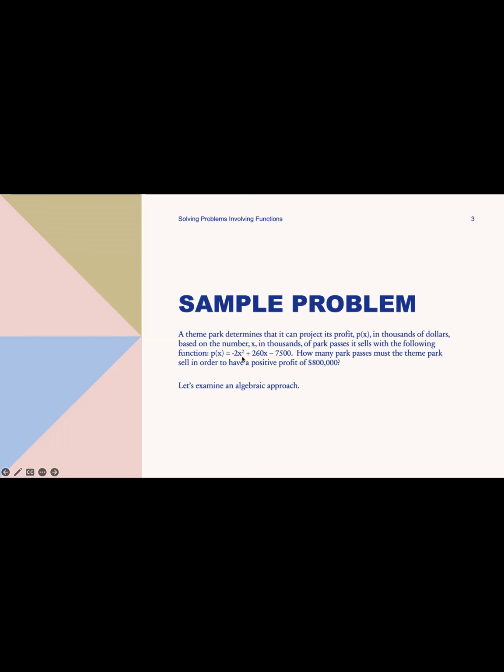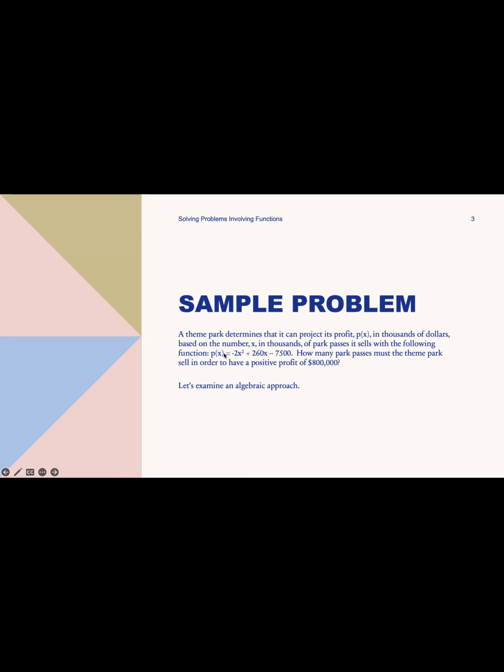The X variable is explained in the second line. X is the number in thousands of park passes the theme park sells. It's helpful to get your mind wrapped around what's going on in the context of the problem.